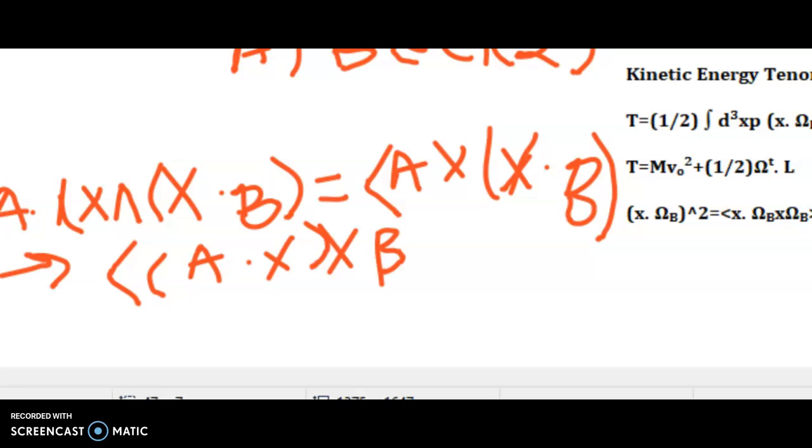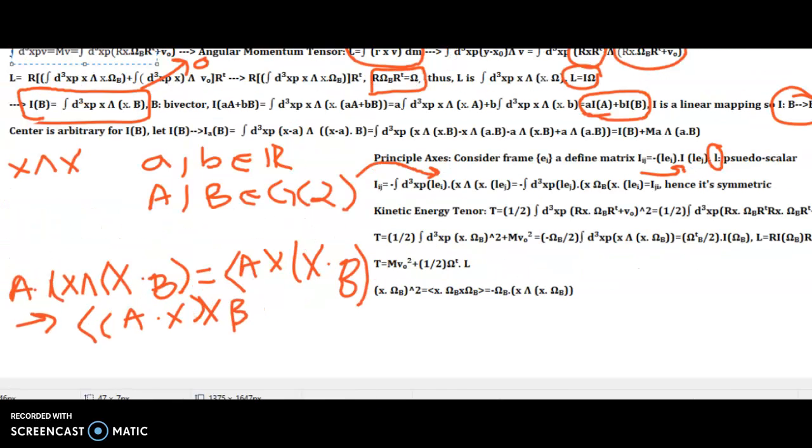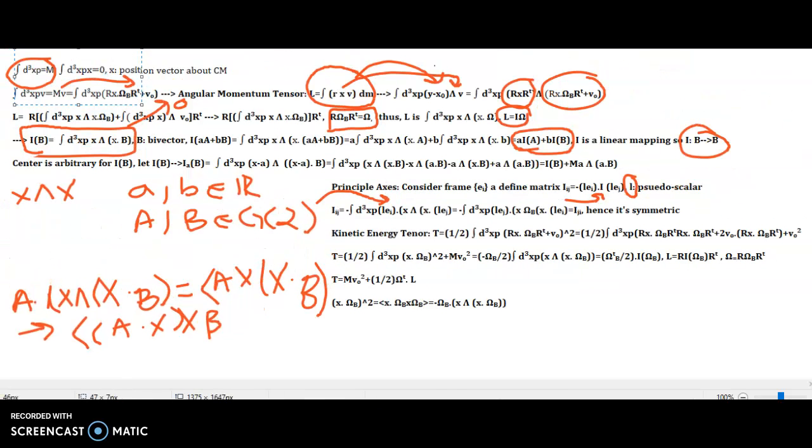I need to zoom out. Okay, brackets. And then of course, because I swapped these two terms, I can rewrite it in terms of the exterior product that I did initially. And I have B dotted with X, exterior product X dot A.